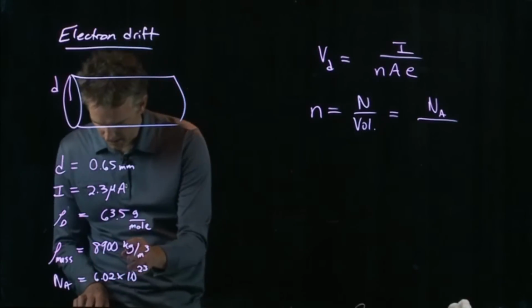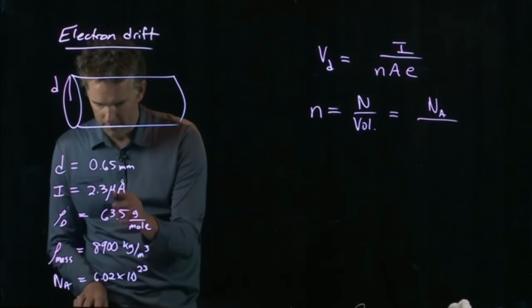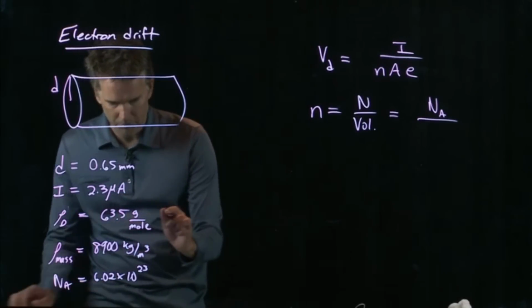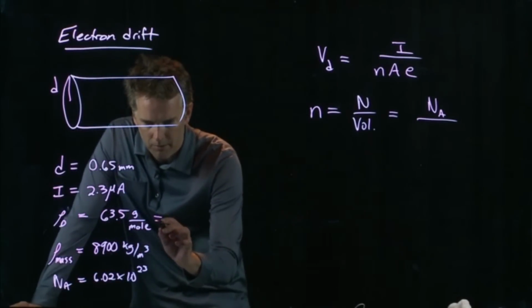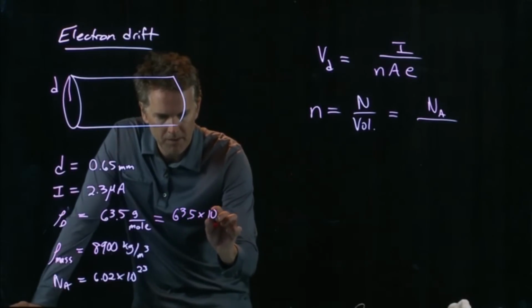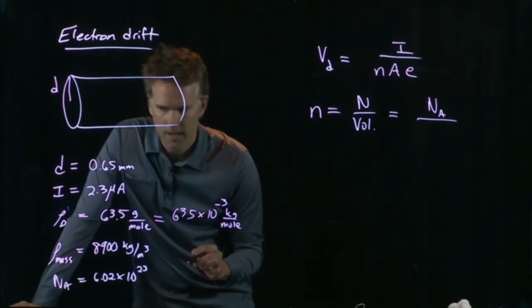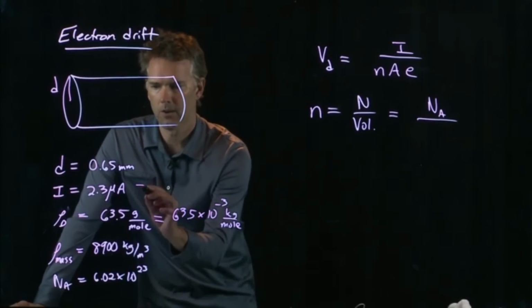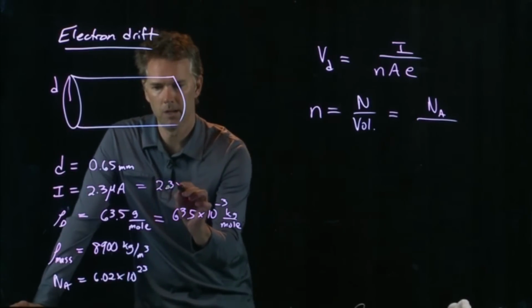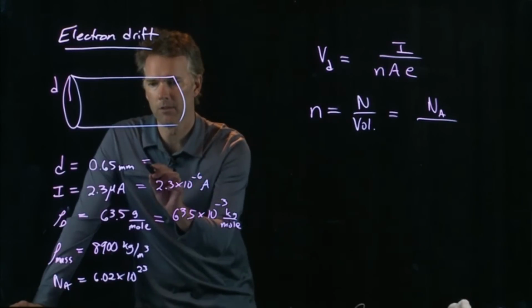So it's going to be 8,900 kilograms, and then we have 63.5 grams per mole. That's not really SI units, so let's convert this: 63.5 times 10 to the minus 3 kilograms per mole. Anything else not in SI units? Yeah, current, right? 2.3 times 10 to the minus 6 amps. D is also not.